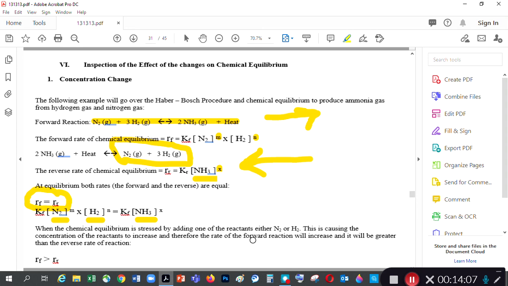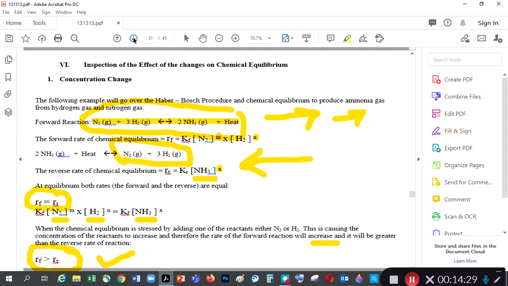Therefore, the rate of the forward reaction will increase and it will be greater. So if you add one of the reactants to the main reaction, the forward rate of the reaction will be higher than the reverse.